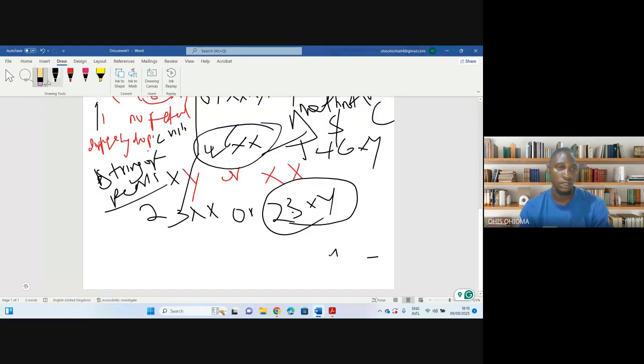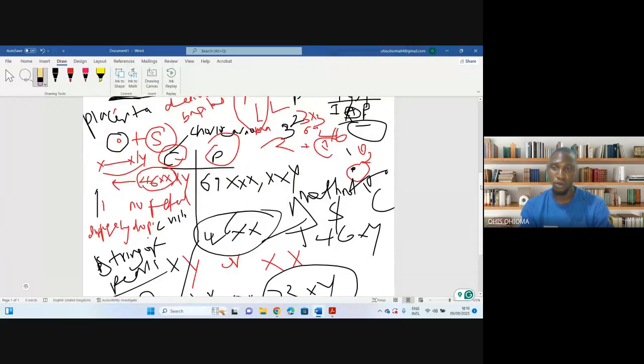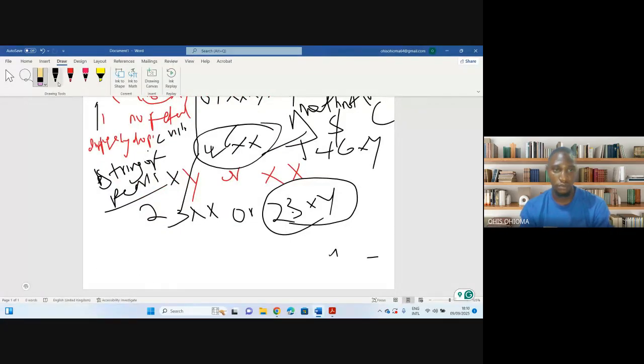The last thing we're going to talk about is the choriocarcinoma. And the choriocarcinoma is usually a tumor of trophoblastic cells. What I want you guys to know is that what is very much important for the exam is that it's a tumor of trophoblast cells. 15% of the cases arise from a complete mole.